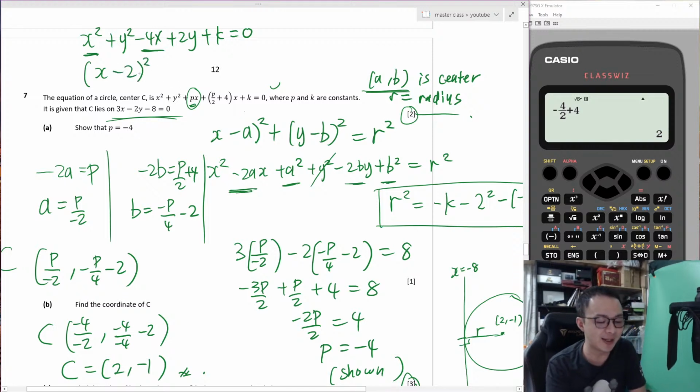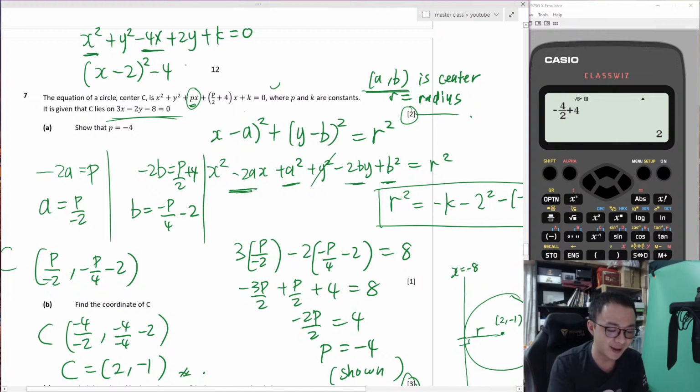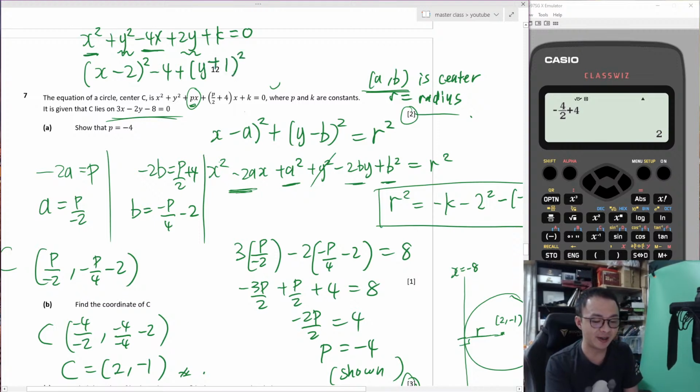So when I do like this, I have a plus 4 if I expand this one, so I must minus 4 here to eliminate the plus 4. Then I will do the same thing for y here. This one I will do y plus 1 square. If I expand this one, I have a plus 1, so I must minus 1 here. Plus k equals to 0.